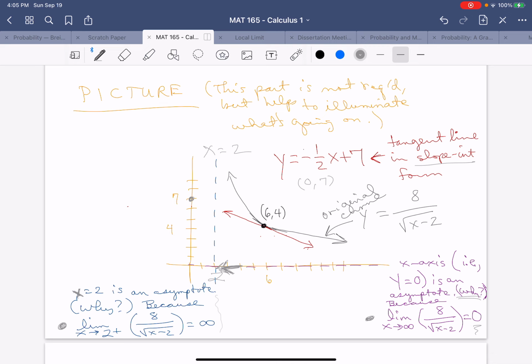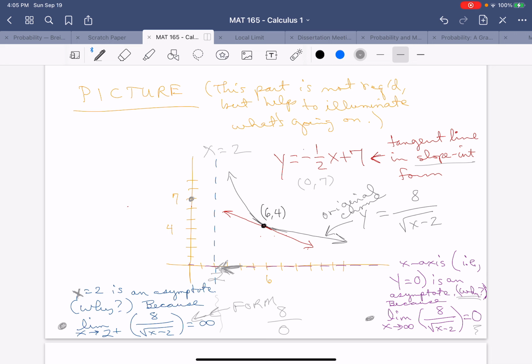Okay, so why is that? Well, if we plug in, notice the form of this limit. The form is 8 over 0. And as x approaches 2 from the right, that denominator gets smaller and smaller, but it's positive, and so that's why it is infinity.